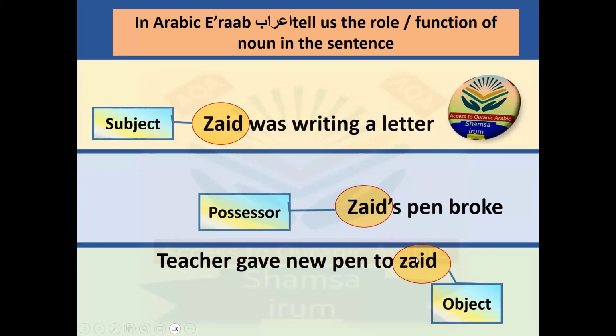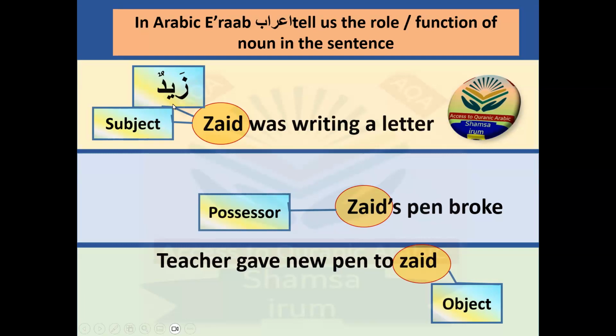But how do we know in Arabic now? Okay, we have to know this. How will we know all these roles, or all these functions of Zaid in Arabic? It's very simple. If it acts as a subject, it will be marfu. It should end with the dhamma. It should not be zaidan or zaidin.